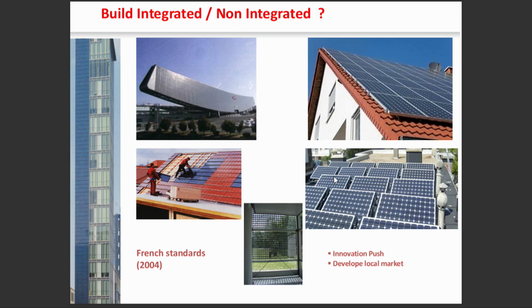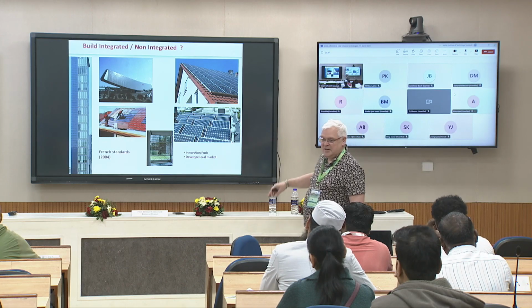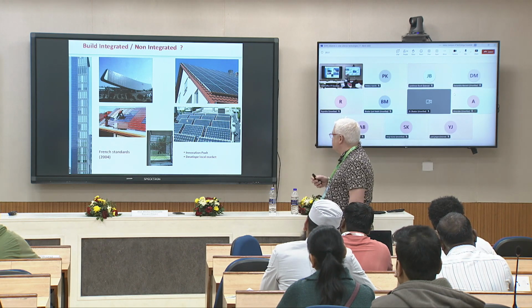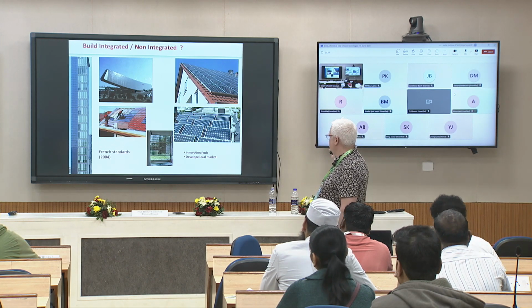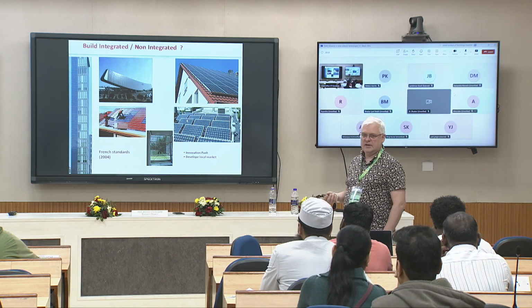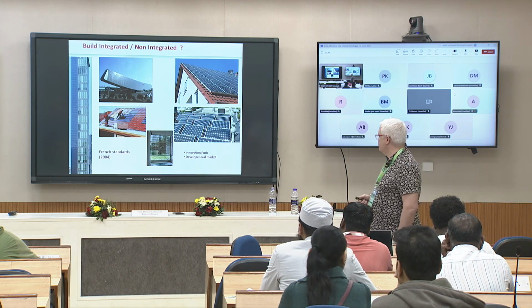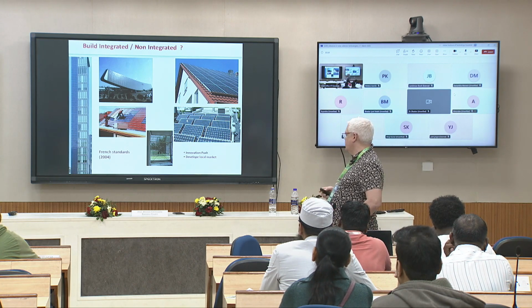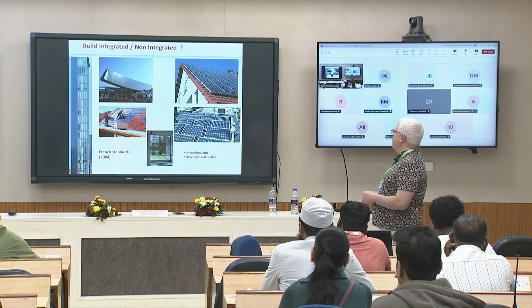So if it becomes tiles, for example, like the Sanyo building in Japan, which is fully covered with PV, well integrated, we can say, whereas the one on the right side was not really considered to be integrated because it's just put on the roof as a superimposition.